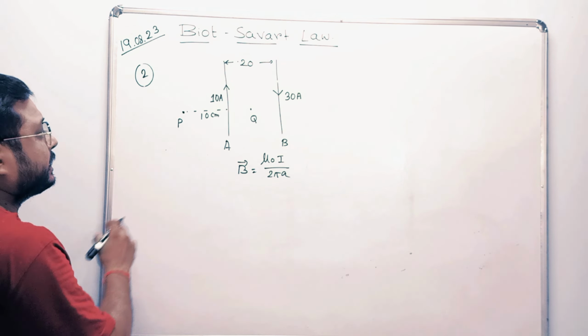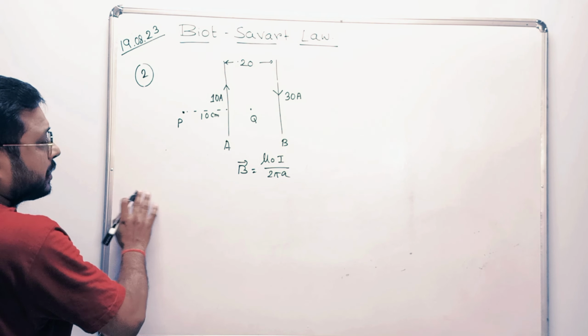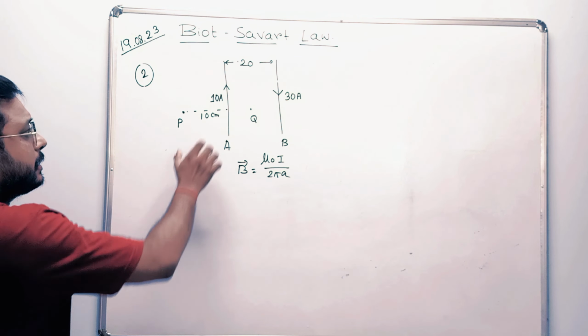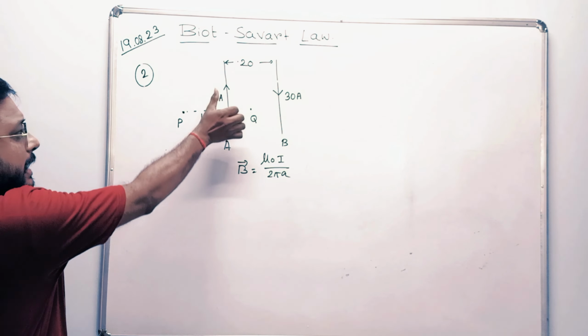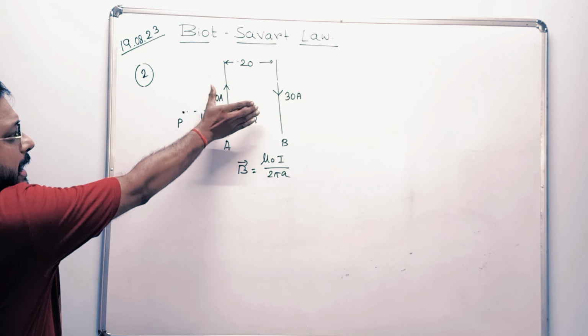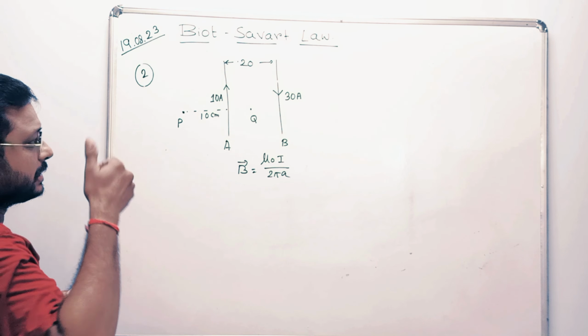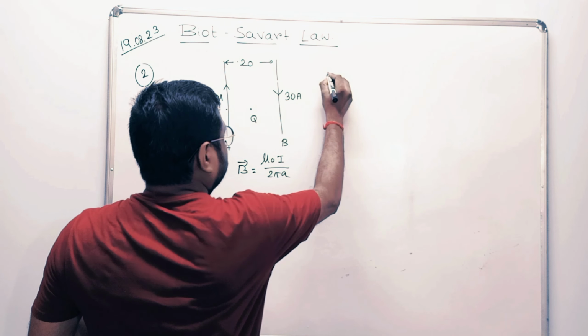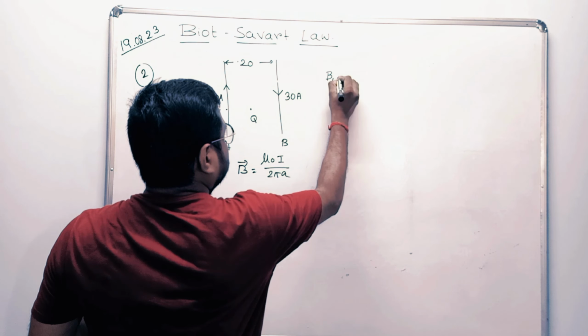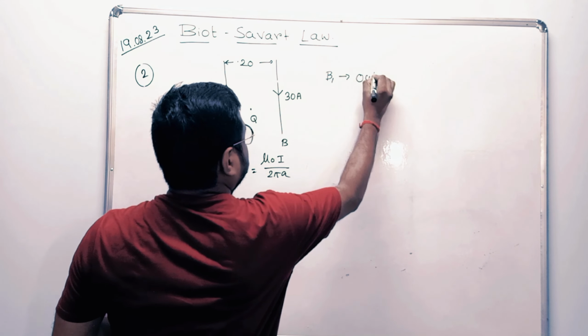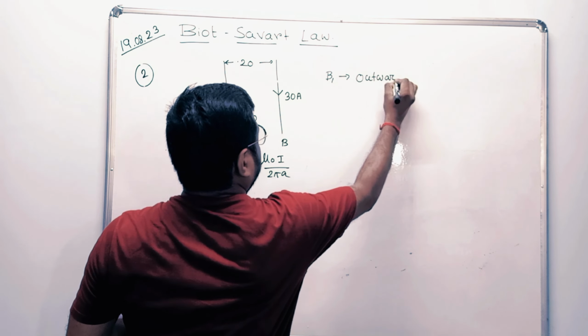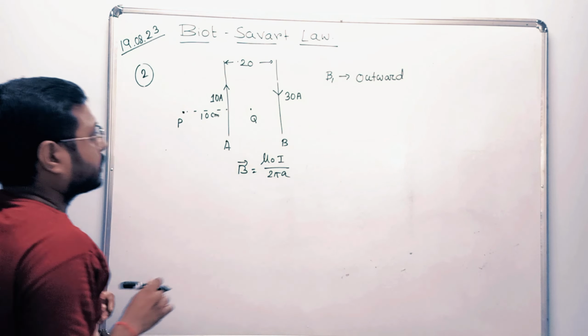To find the magnetic field at point P, for wire A the direction of current is upward. If we curl our fingers from P, the field is along the outward direction. So the field due to A, suppose we call it B1, is outward.